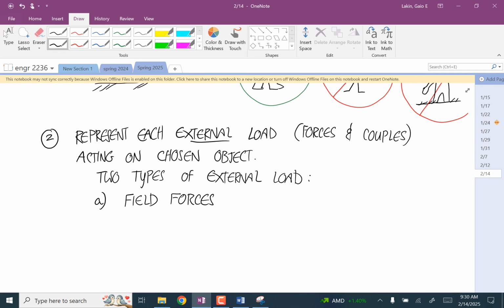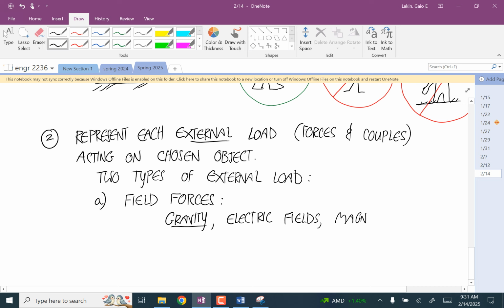So field forces include gravity. That's really all we're going to deal with in this class. But it also includes electric fields acting on charges, magnetic fields, any conservative force you could think of as a force field.